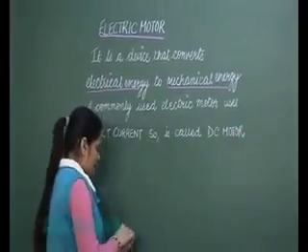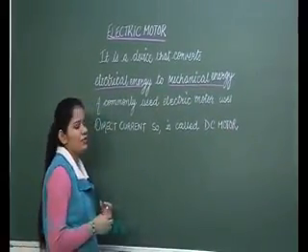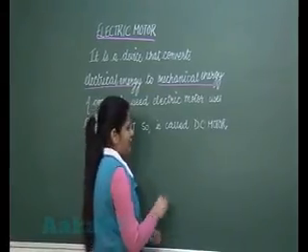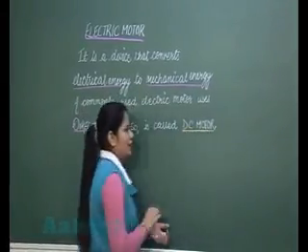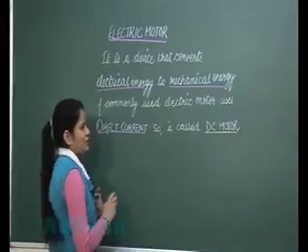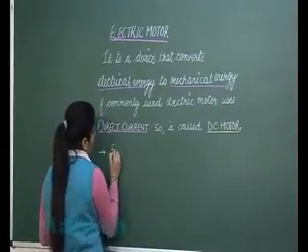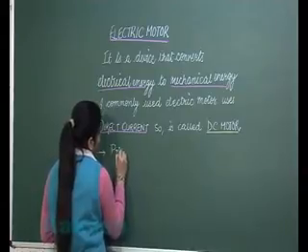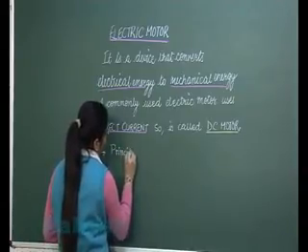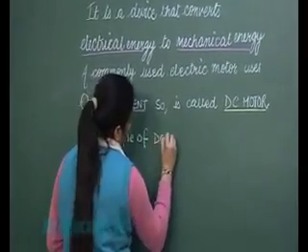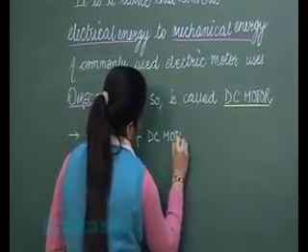Now student, as commonly used electric motor uses direct current, that's why it is called DC motor. Now student, in this section of this chapter we have to discuss about the principle of DC motor.